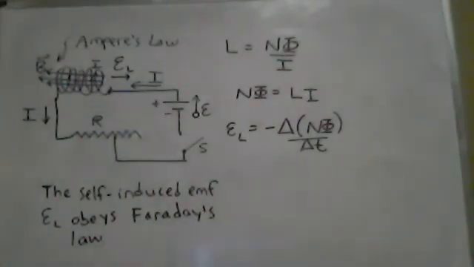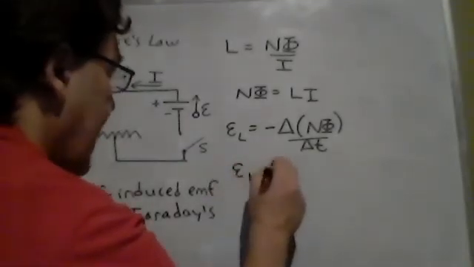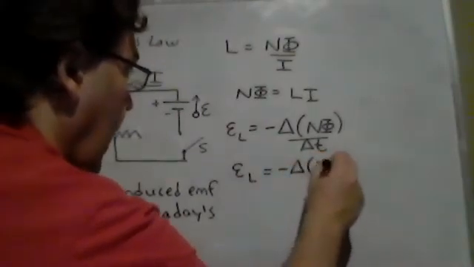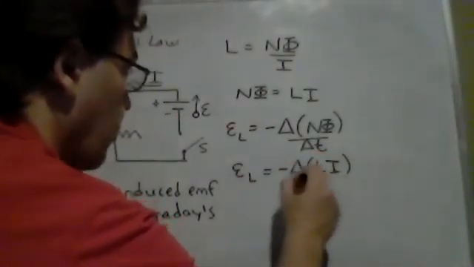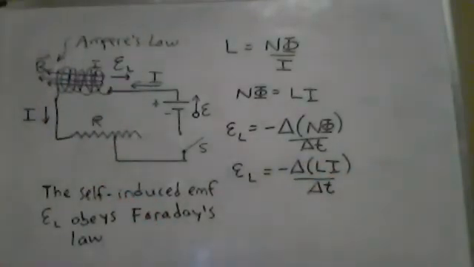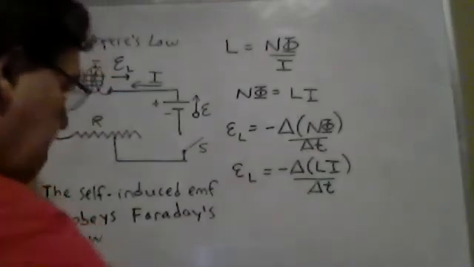So epsilon sub L now becomes negative delta of L I with respect to t. L is a property of the inductor. That's a constant, it doesn't change. The only thing that's going to change is the current. The current is time varying. So L is a constant, and it pulls out.